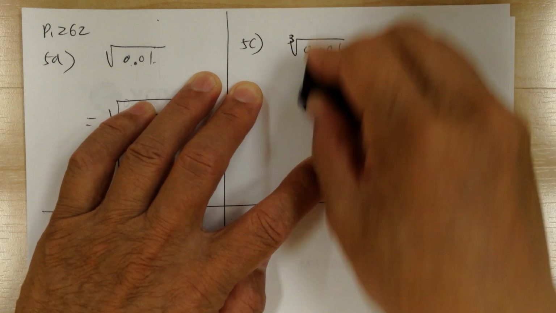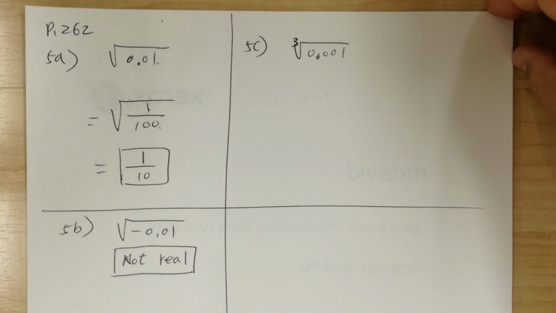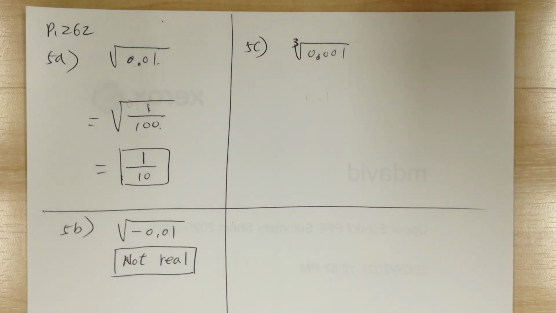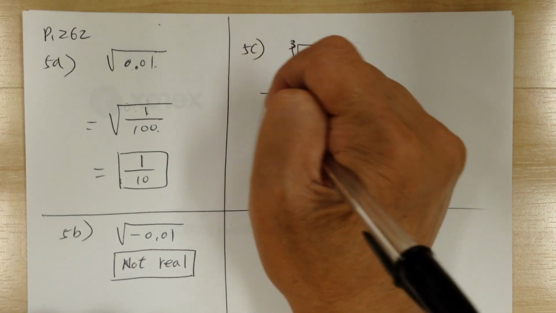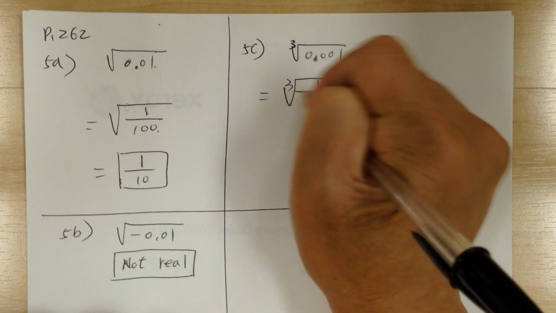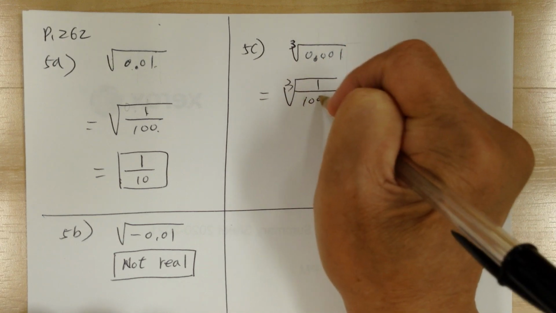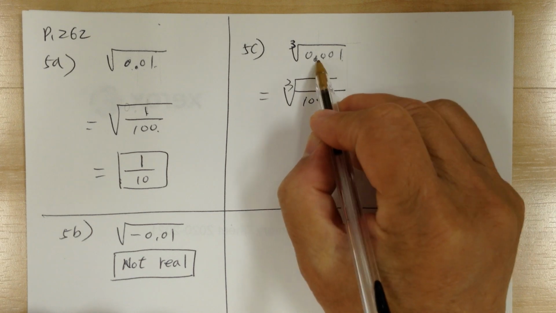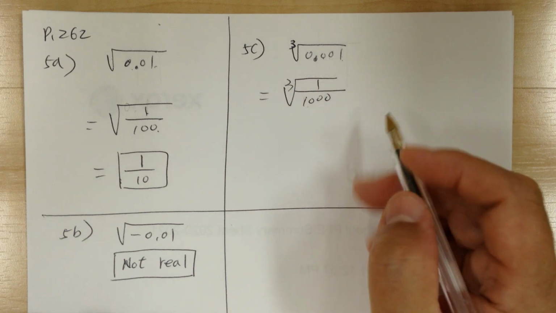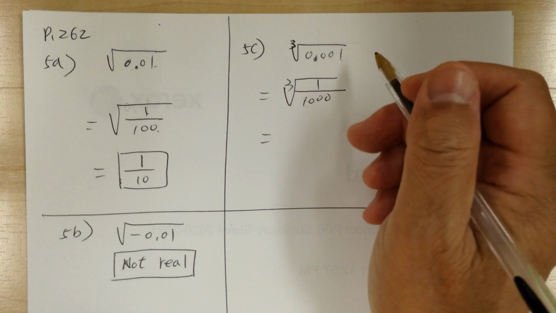But this doesn't always work. It usually just gives you a pretty good idea what the answer would be. Another way to do it is this: the cube root of 1 over, now 0.001 is 1 over 1,000, right? There are 3 digits after the decimal, so you get 3 zeros. After that, you take the cube root.